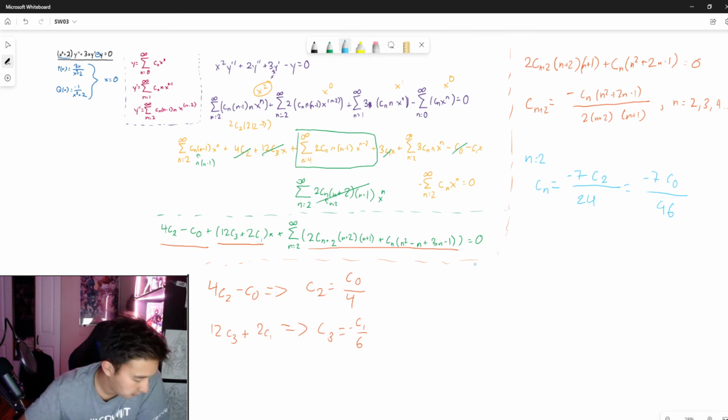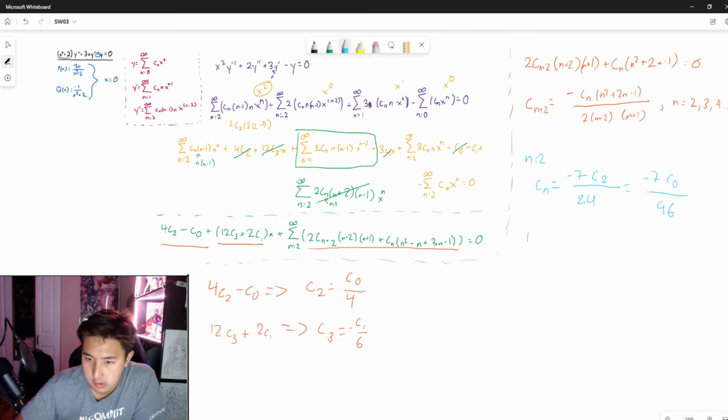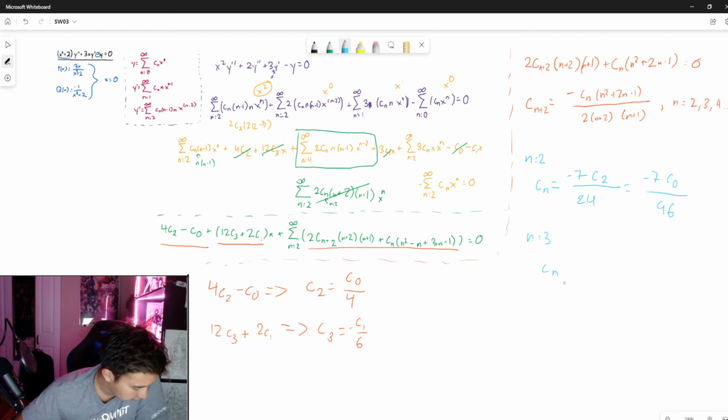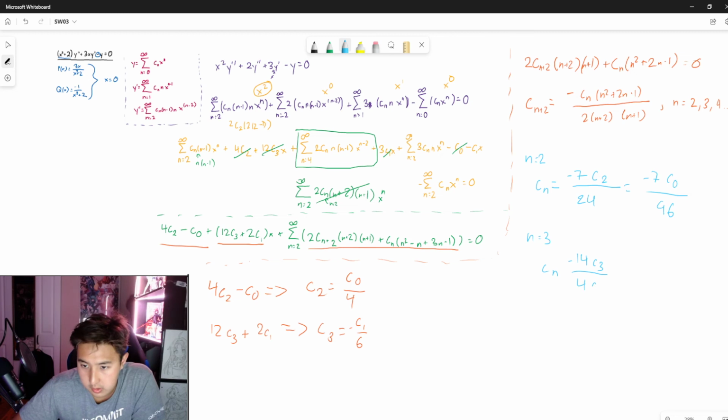And then we can do the similar procedure for n equals 3. Plug in 3, we get minus 14 C1 over 2 times 4 times 5. 5 times 4 is 20, times 2 is 40. Multiply that by 6 as we see here, and also negative.